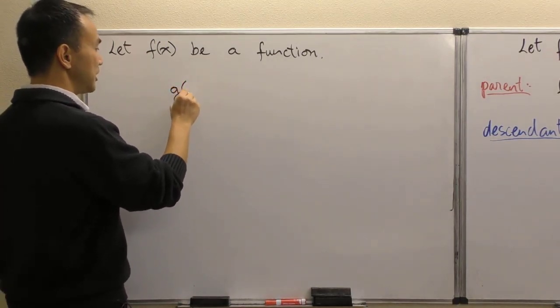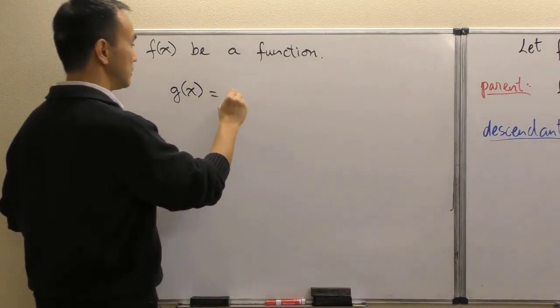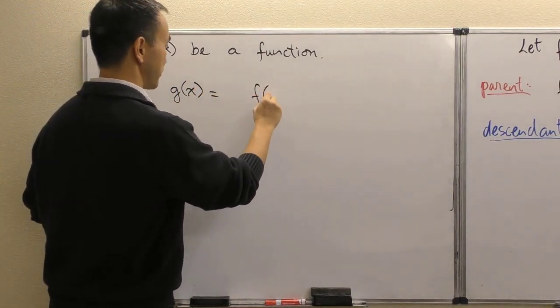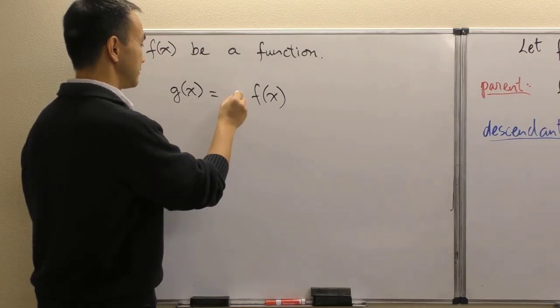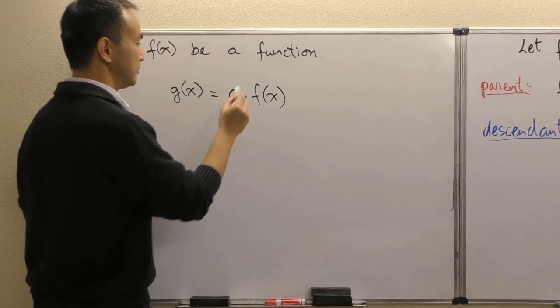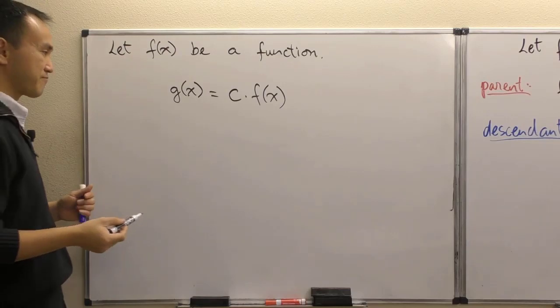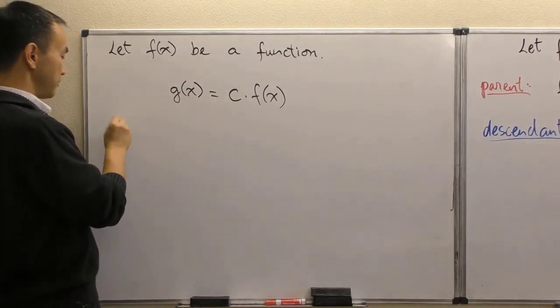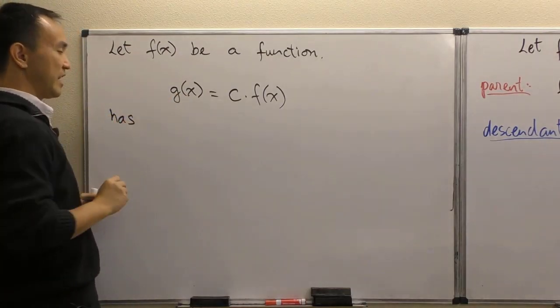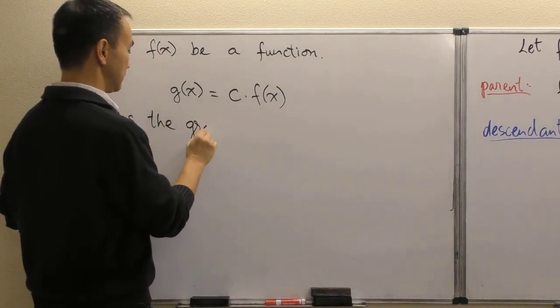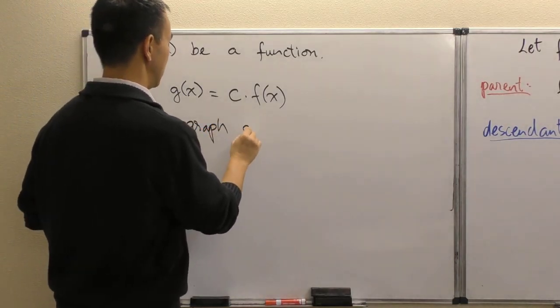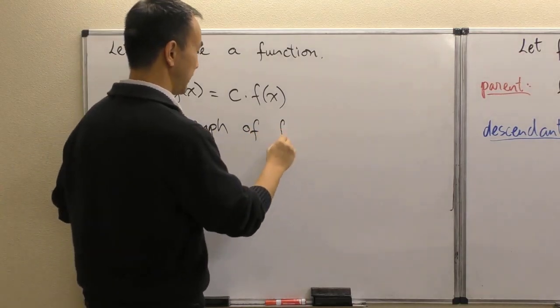Now we're going to define g of x equals the parent function multiplied with a constant c, multiplied with coefficient c right here. So this function has the graph of f of x.